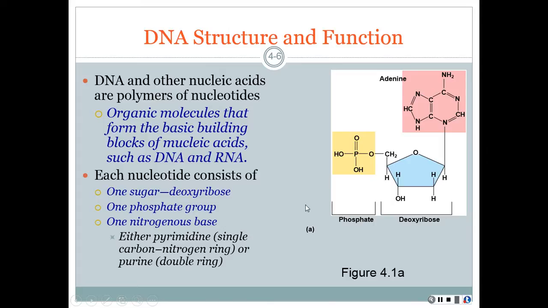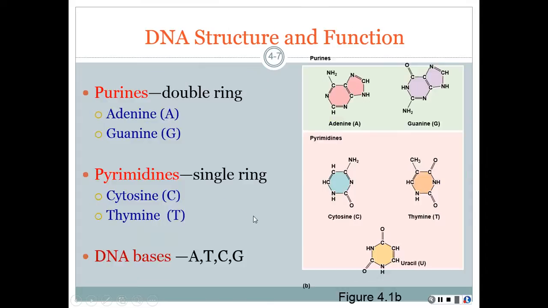When we look at the nitrogenous bases, we have cytosine, thymine, and uracil, and these are pyrimidines. Then we have adenine and guanine, and these are considered to be your purines.